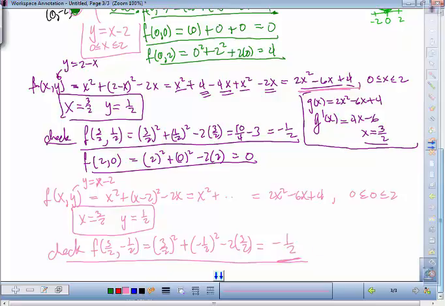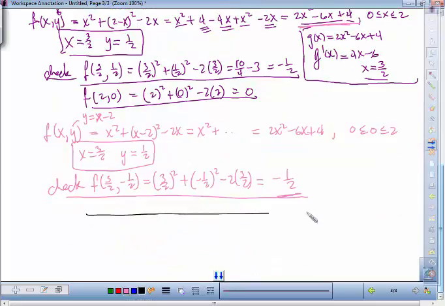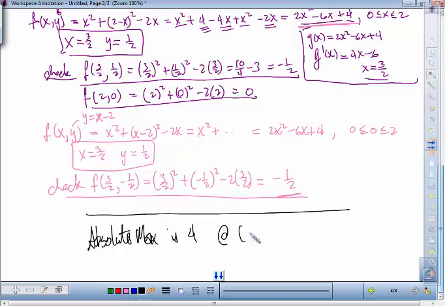Phew. So in the end, absolute max is 4, and that happened where? So 0 and 2 and 0 and negative 2.